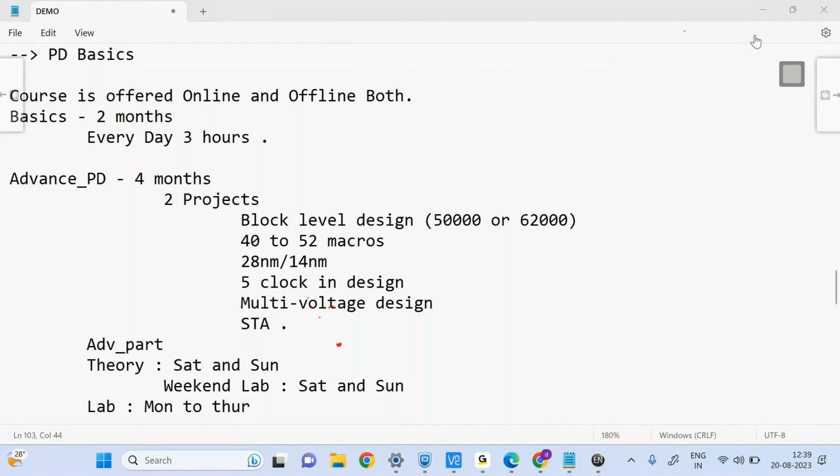Advanced timing sometimes varies because with the weekend lab, Saturday and Sunday are theory, and industrial experts will even be brought in. For basics, timing is generally 9:30 to 1:30 or 12:30. Sometimes if more students enroll, they'll split into two batches, 9:30 to 11:30 and 11:30 to 1:30. Admin will inform you about timings.